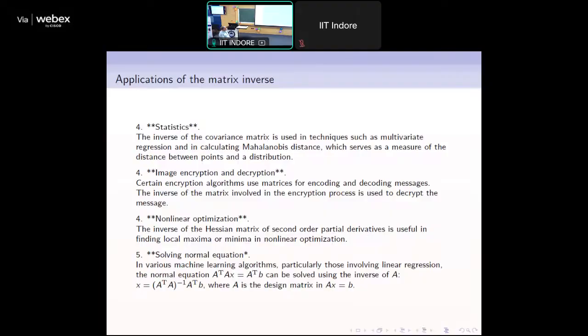Then application in solving normal equations. How to describe normal equation? We want to solve a linear system AX equals B. This system can be consistent and can be inconsistent. If this system is inconsistent, we have no solution.